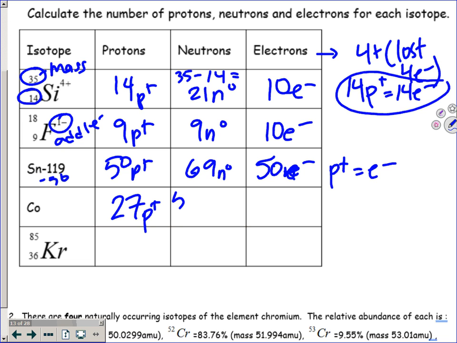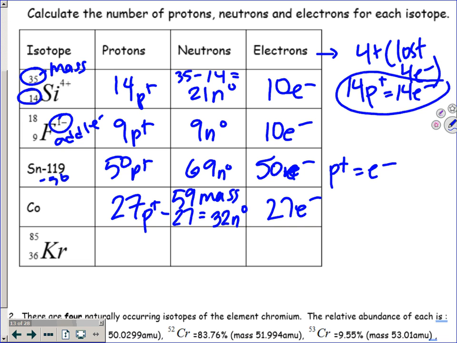Okay, so we're rounding our mass to 59 as a whole because we can't have a partial neutron, okay? Okay, and we got 32. Is that 32? Yep, just make sure. Mental math, okay. So then, in terms of electrons, everybody? 27, because it's the same, because it's a neutral species.